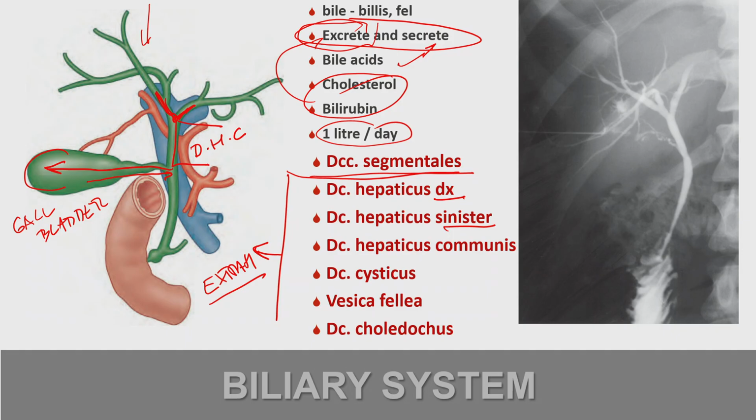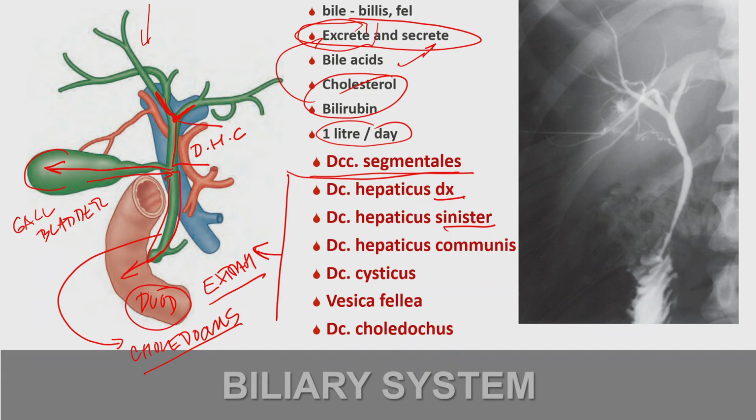This blind way then delineates the last part of the extrahepatic ducts, which is called choledochus duct. And from the choledochus duct, the bile is flowing into the duodenum.